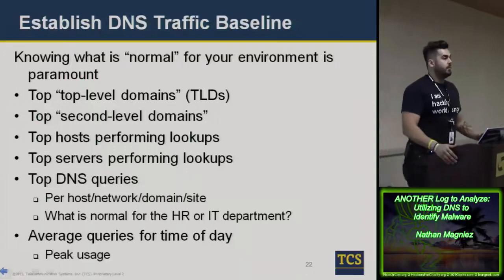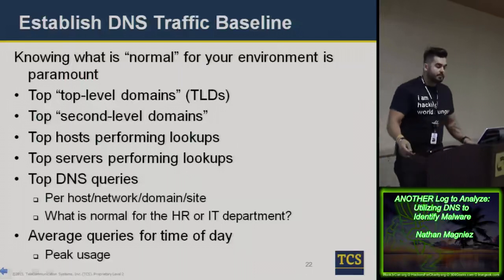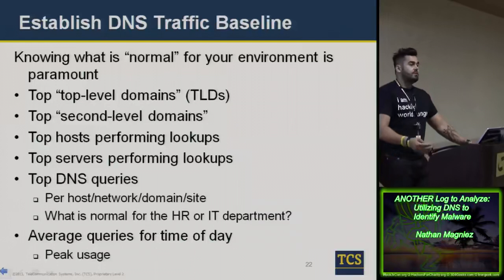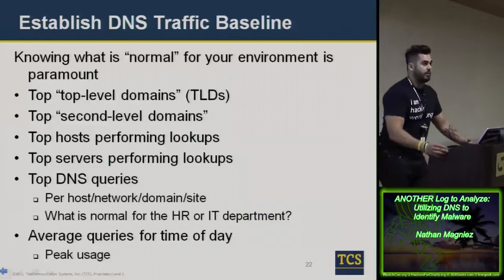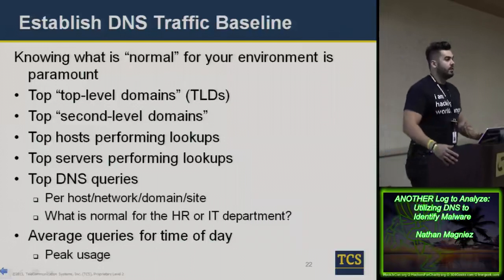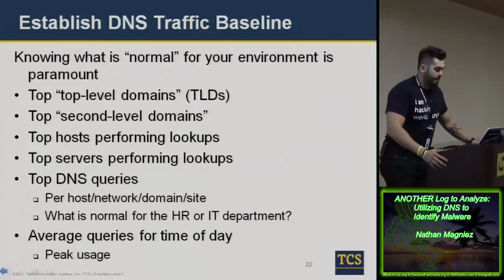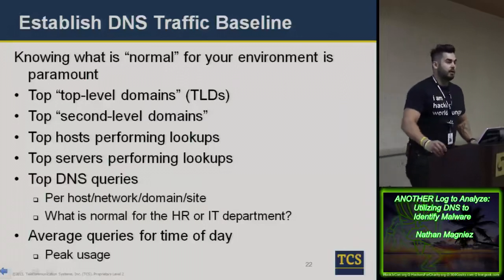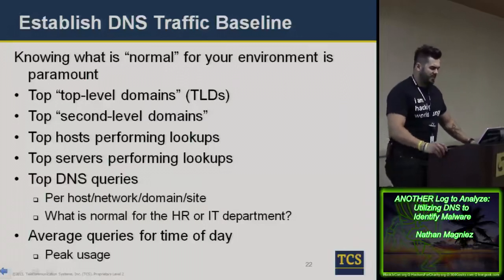But most likely you're going to see a lot of traffic going to .com, .org, stuff like that. We also want to know specifically where our users' second level domains are going to. So Facebook.com is probably on top of the list. Google is up there, most likely. If your grandma's using it, maybe Bing.com or something like that. Yahoo.com, I think they're still open, right?